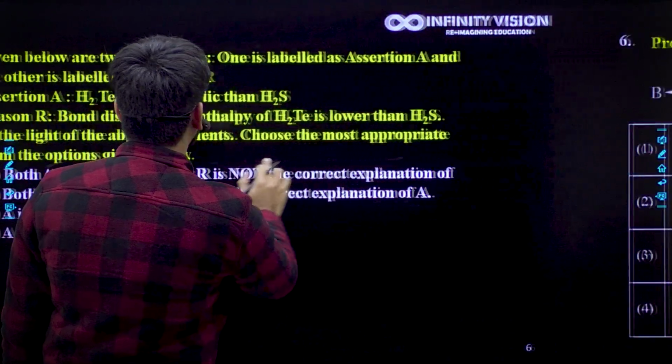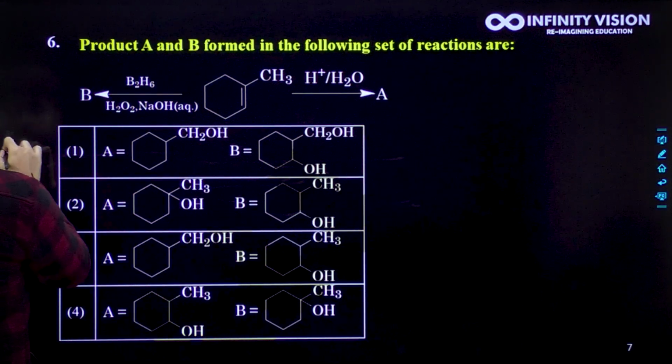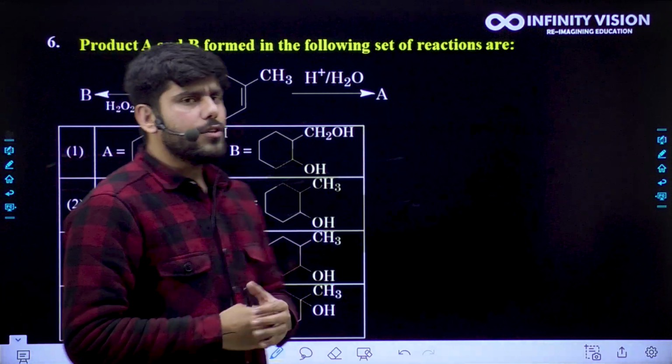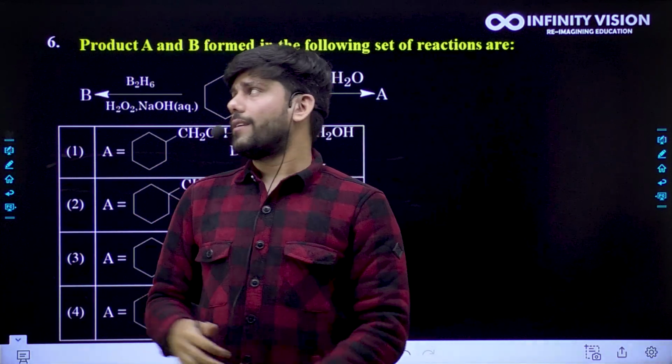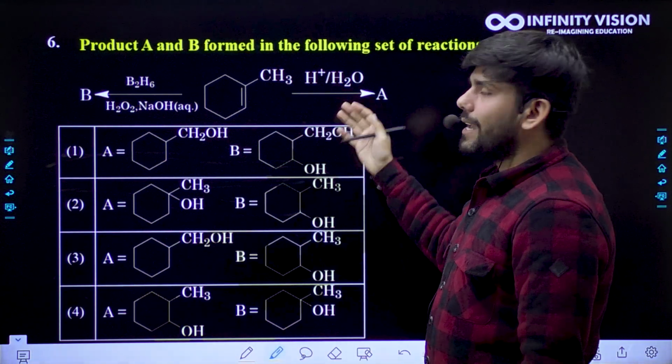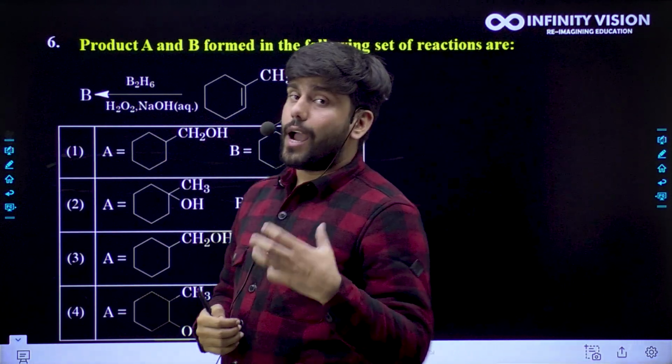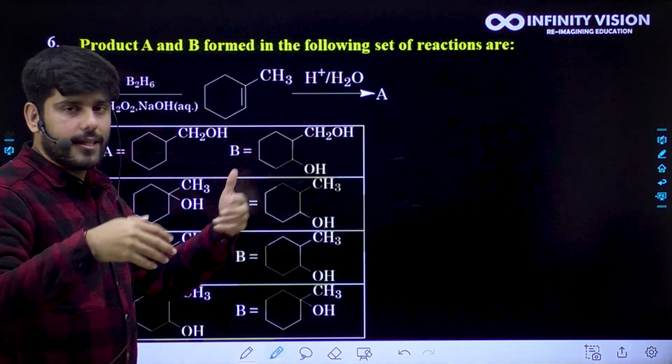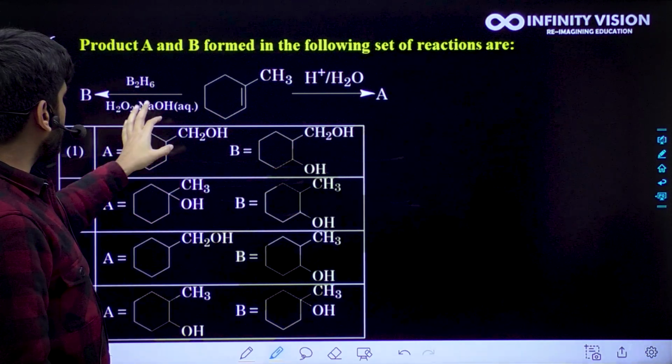Let us discuss the next question. Question number 6. Now this is also not difficult. We know that this B is hydroboration oxidation, and this A is acid-catalyzed hydration of alkene. So let us discuss this question.